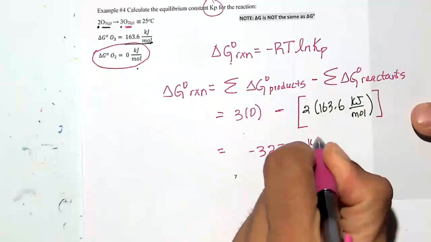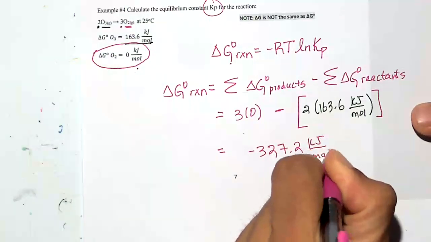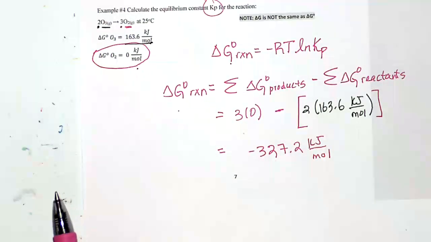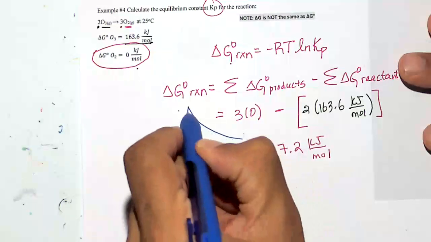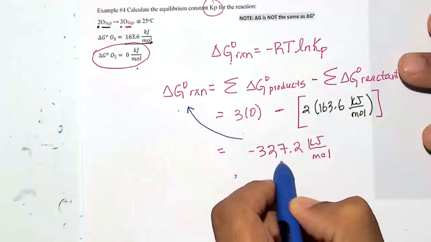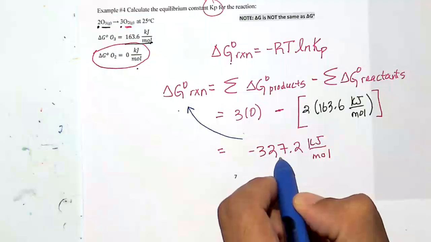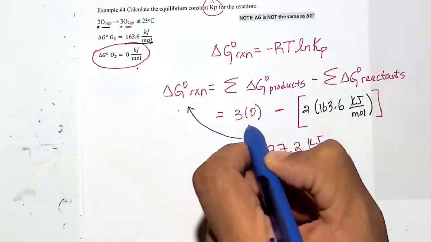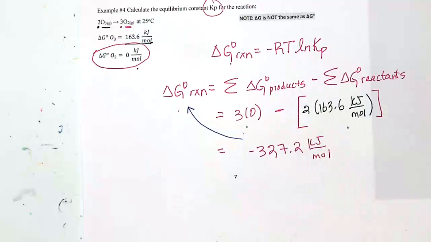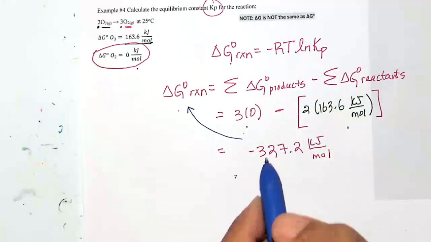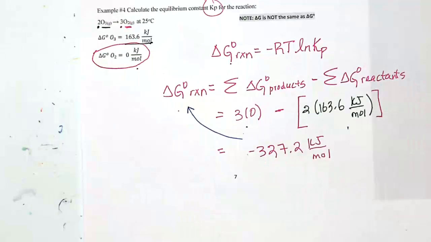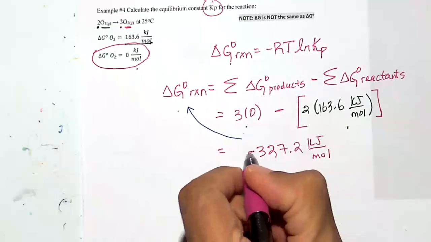Is that what you guys got? Okay, so that's the delta G of the reaction. Say it again, I'm sorry, Michael. Sum of the products minus sum of the reactants. Negative, yeah, negative. Yes, negative.